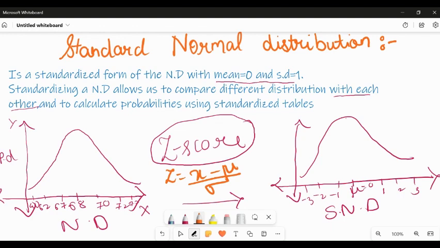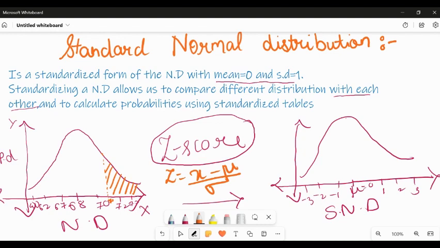For example, if my data point is 71, lying over here, and the x-axis is the people's marks, and I need to find the area or percentage of people who scored more than 71, then by using a z table I can easily find it.